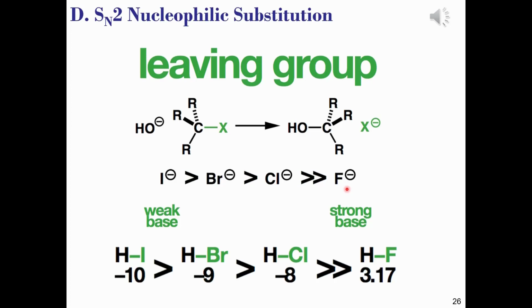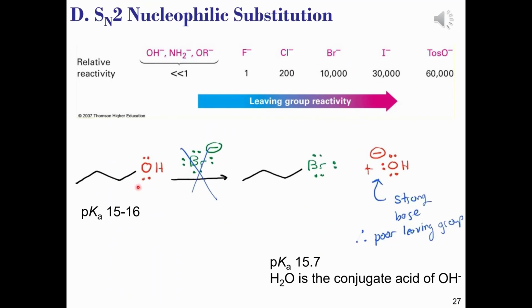Let's now take a look at some other leaving groups and think about these in terms of substrates. Alcohols do not make for good leaving groups, neither do amines and neither do ethers. And the reason for this again can be considered by looking at the pKa's of the conjugate acids.